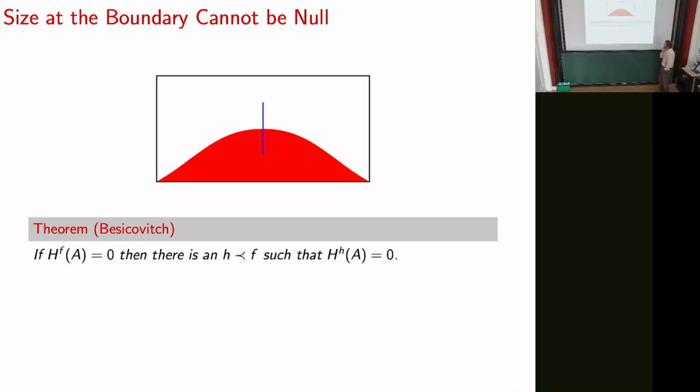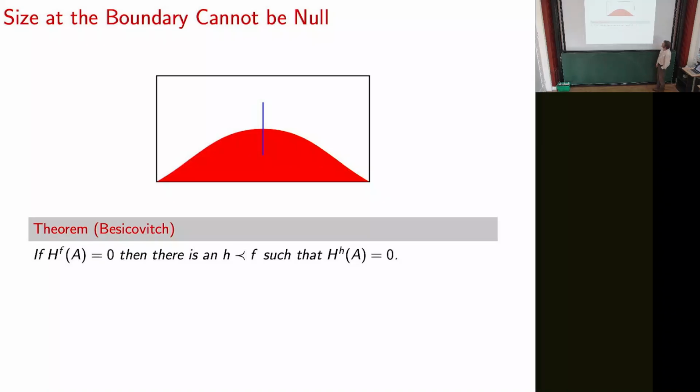So some comments about what can happen on the boundary. So this theorem. There was a big surge of investigation on these kinds of questions in the 1950s and early 60s, or even into the 60s, early 70s, and a lot of activity was in orbit around Besicovitch.